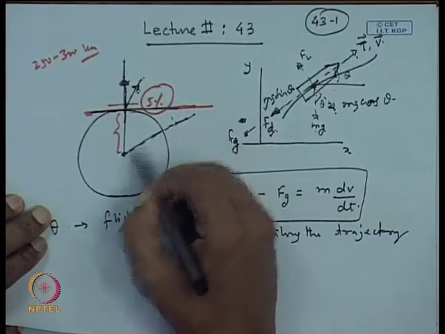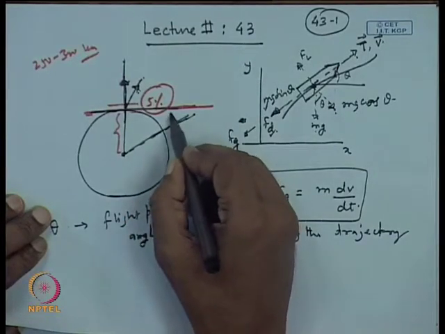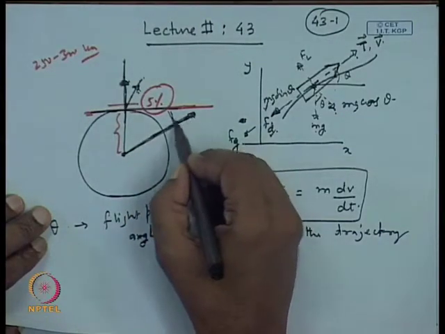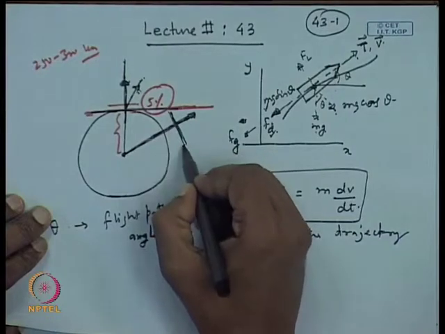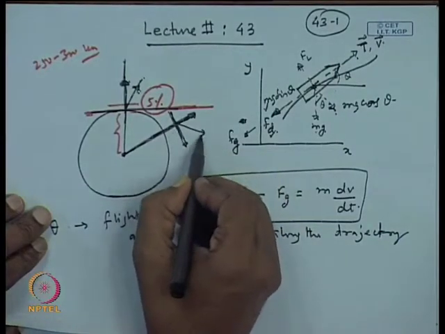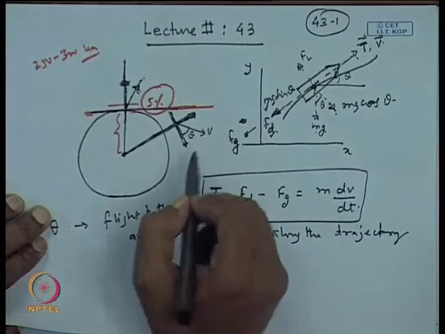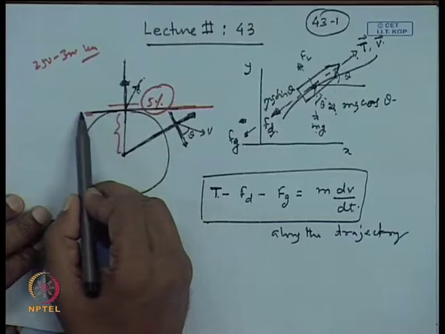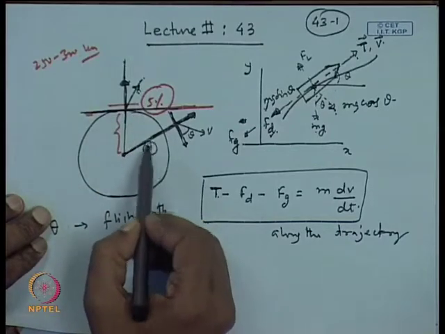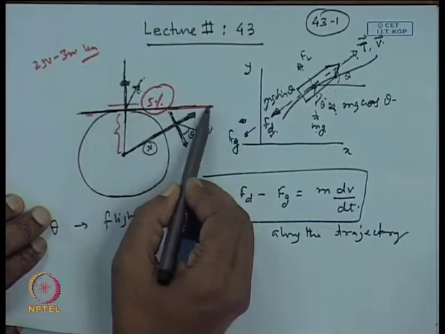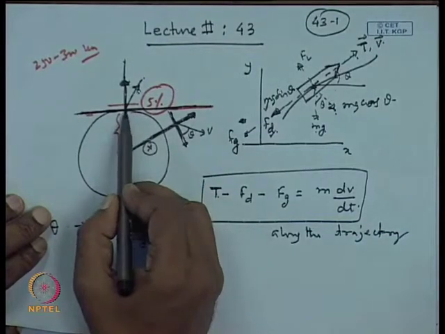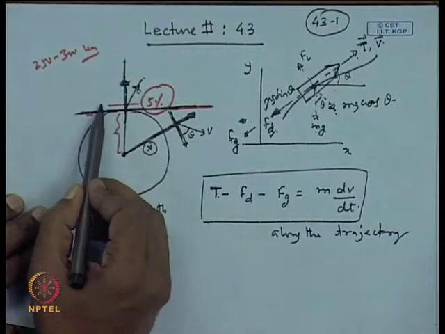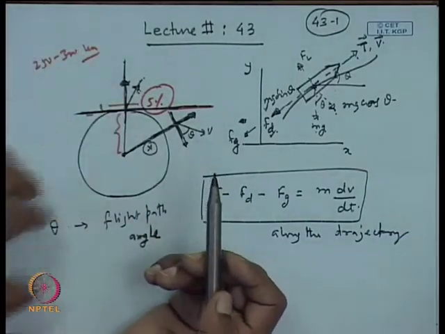Local horizontal implies, if I have this line here, the radius vector going radially outward, then local horizontal will be perpendicular to it, and if the velocity vector is this, then this will be our flight path angle theta. But here, for a short range, we are measuring the flight path angle with respect to the horizontal at the place of the launch, because the rocket is confined to a very narrow distance from here.